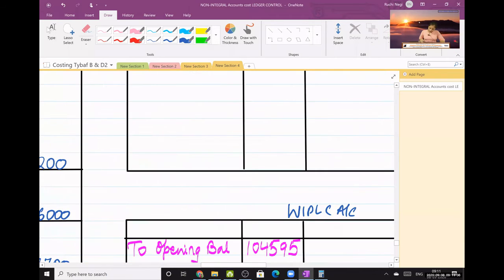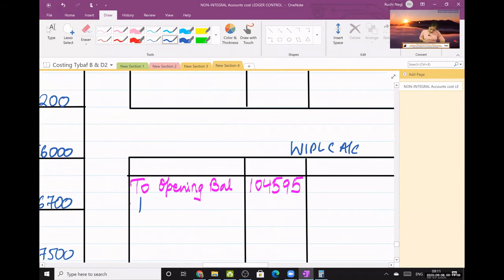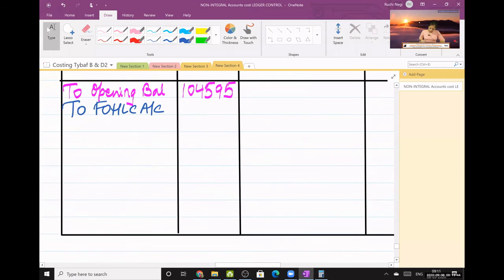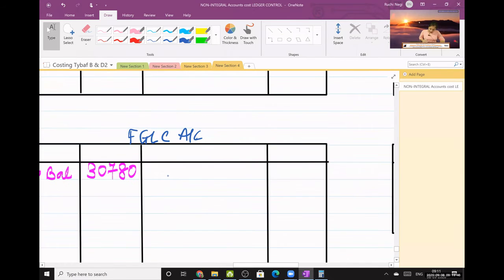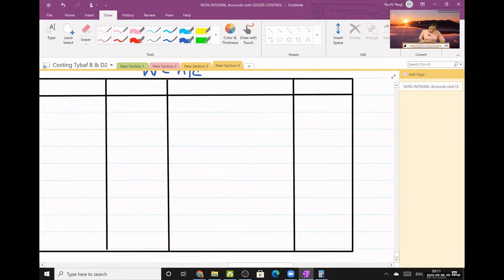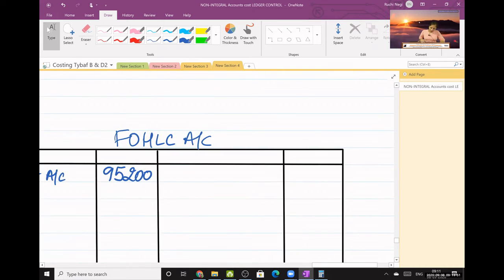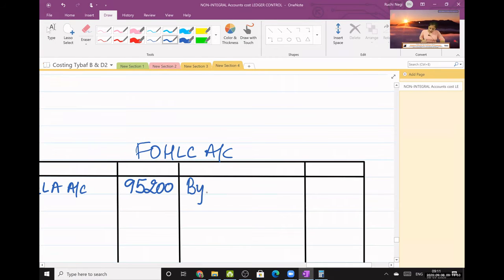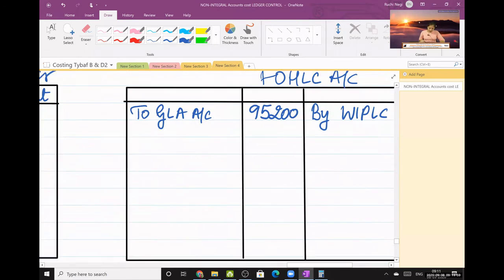Okay, so next, WIP to FOH, WIP to FOH ledger control account. We don't know the amount, blank. Next, take it to FOH, by WIP ledger control account. We don't know the value right now, we will take it later.